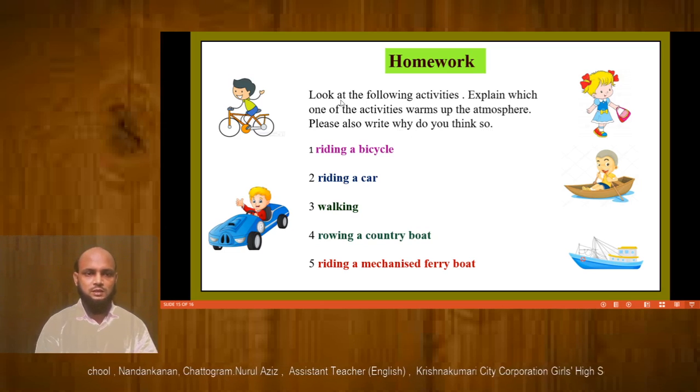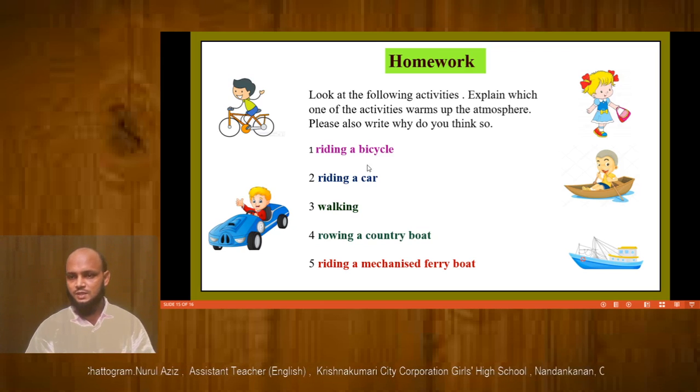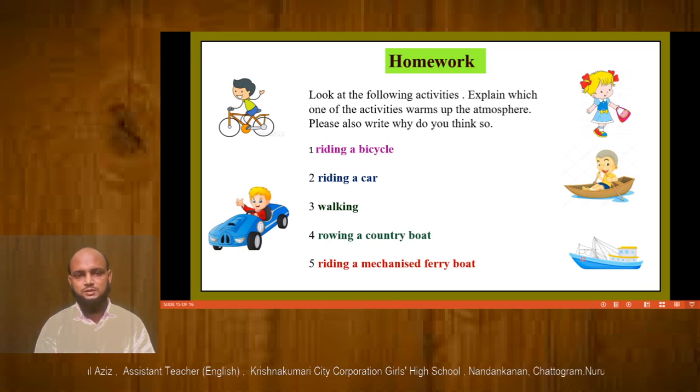Suppose you think cycling warms up the atmosphere. You have to write the logic behind this. Why do you think so? So you have options: riding a bicycle, riding a car, walking, rowing a country boat, riding a mechanized ferry boat.